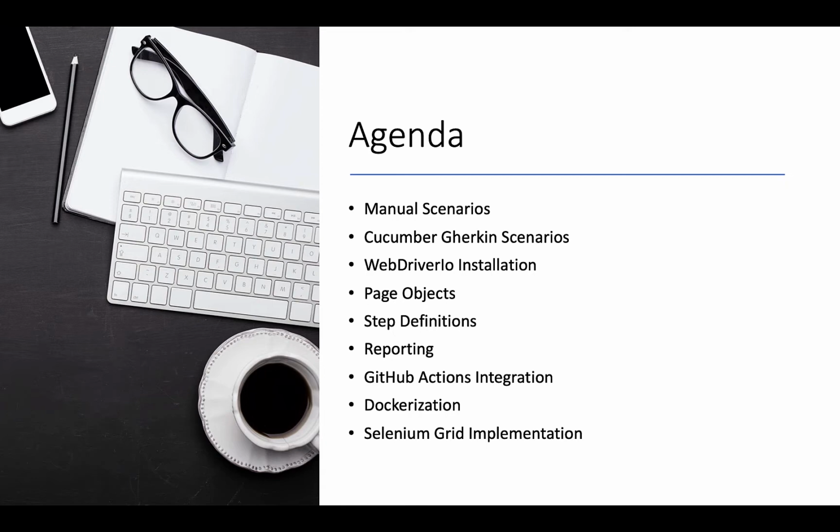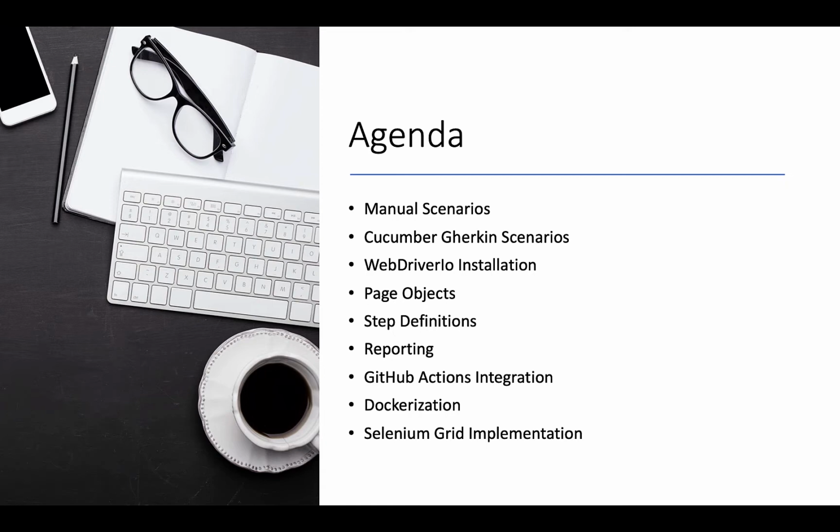We'll also try to integrate with GitLab or maybe some other CI tools, and a Selenium Grid implementation, or maybe AWS or GCP, wherever we can. I'll create separate videos for those. In this particular video, we'll mainly focus up to GitHub Actions integration. So let's get started with manual scenarios.